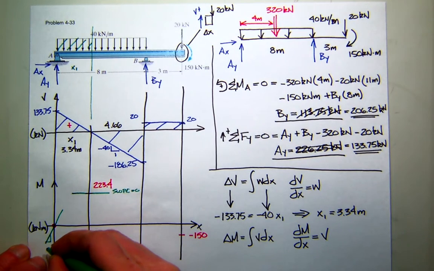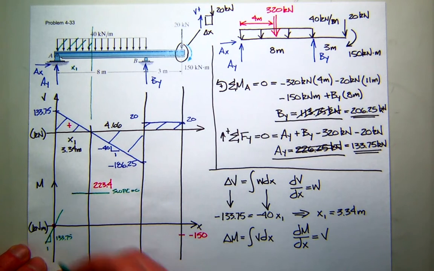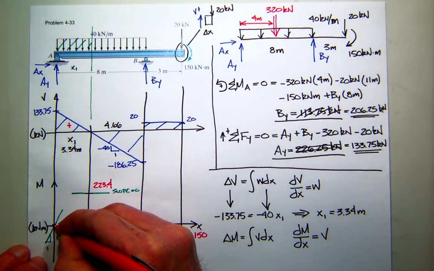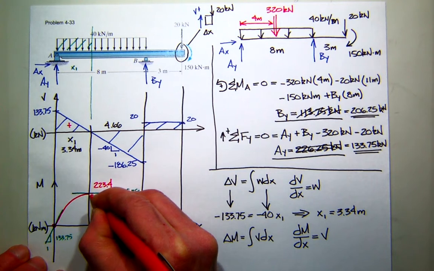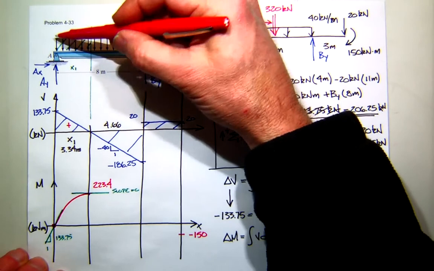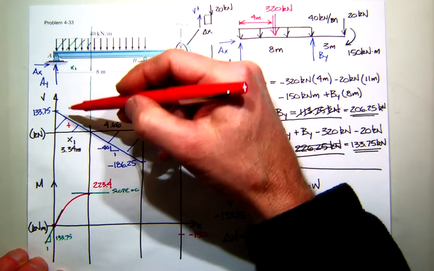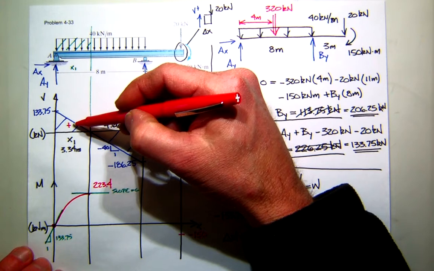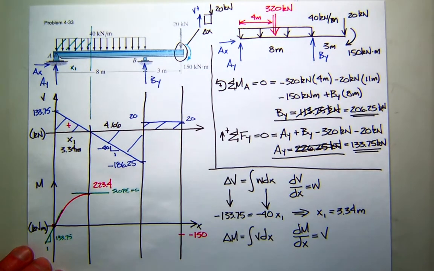If I did this one, you could see it's 133.7 up for every one. So I should be able to connect those two and get my curve. So, constant curve, integrate it once, get a linear curve, first order, integrate that, get a parabolic shape.